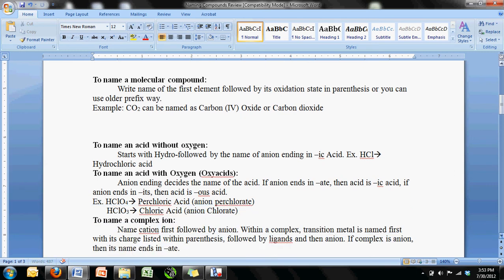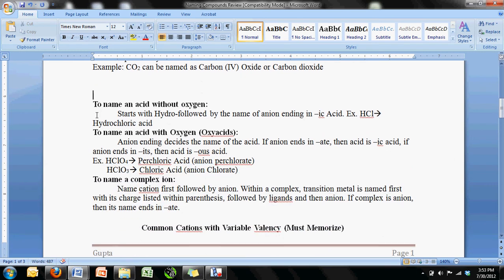Now, how to name an acid? There are two types of acids. Acids that are oxyacids have oxygen in them, like HClO4, HClO3. These all have oxygen in them, so they're oxyacids. Or HCl, HF, that don't have oxygen in them. How do you name these acids?